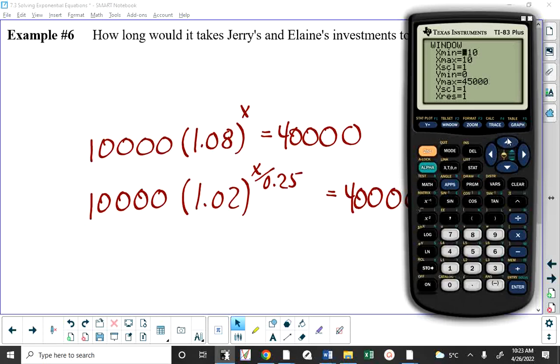For my x, which is time, I'm going to go from 0 to, well, we already know he hasn't hit 40,000 after 14 years. Let's go 30 years. Just a number. I don't know what it's going to be. So let's go up to 30 years. There's his investment. All we have to do is find the intersection point. But there's something tricky about this.